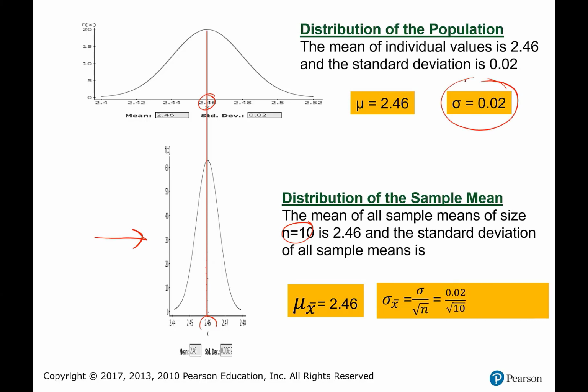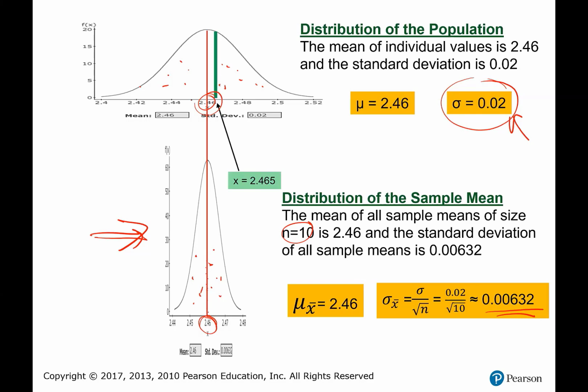In this case, n is 10, and the standard deviation for this distribution is smaller. All points in that distribution are closer to 2.46, while the measurements of all of these pennies are more spread around 2.46.